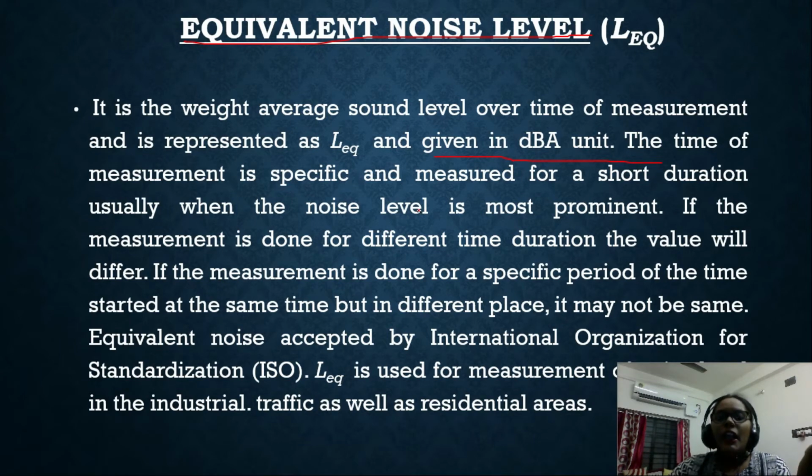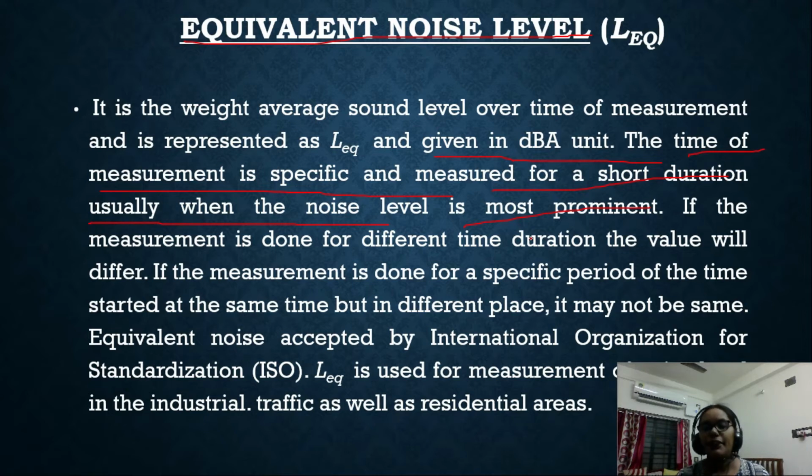The time of the measurement is specific and measured for a short duration, usually when the noise level is most prominent, like weekday working hours. During working hours we are exposed to so many sounds.